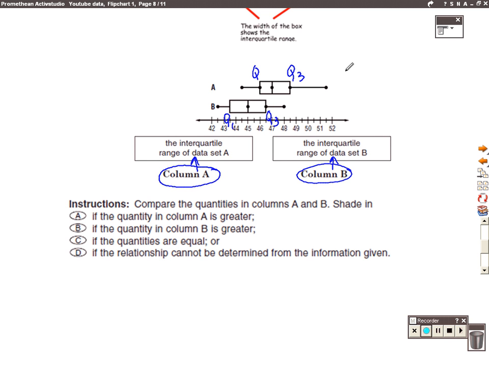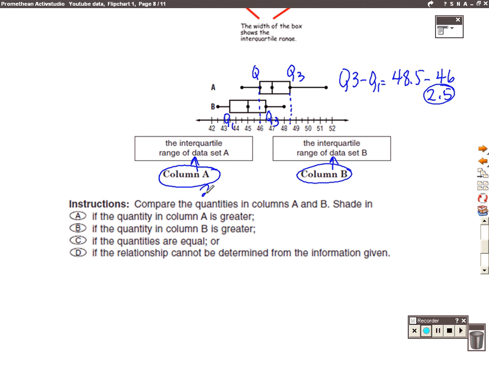So for A, the interquartile range, if we do Q3 minus Q1, that would be the 48.5, and all you're going to do is look at the box and go all the way down until you get that number. So 48.5 minus 46, which is Q1, and that gives me an interquartile range of 2.5.